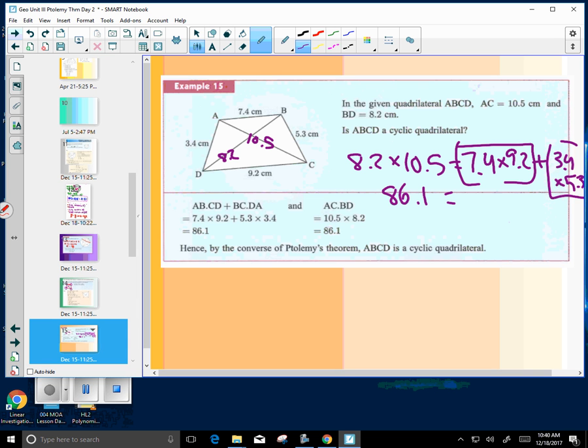What do you get? 7.4 times 9.2. Can somebody give you that real quick? 68.08. And then plus, what's 3.4 times 5.3? I'm hoping around 18.02. So that should be 86.1 equal 86.1. Thank you. And so if those products are equal, then ABCD is a cyclic quadrilateral.